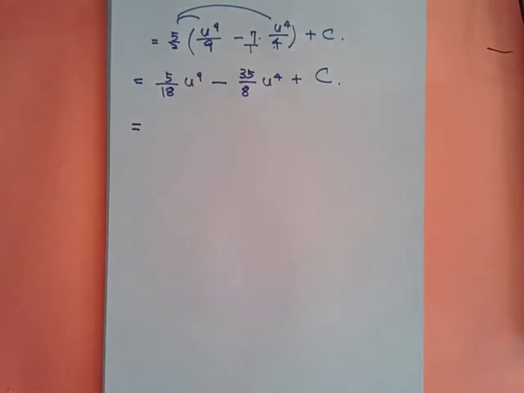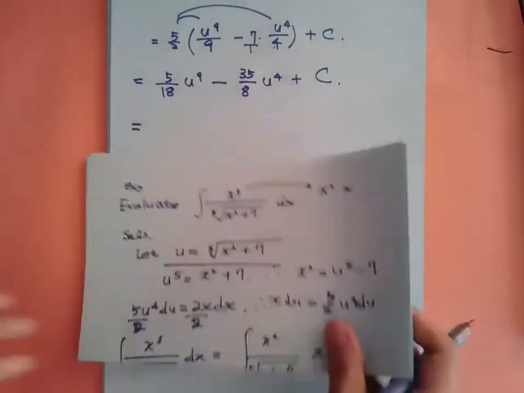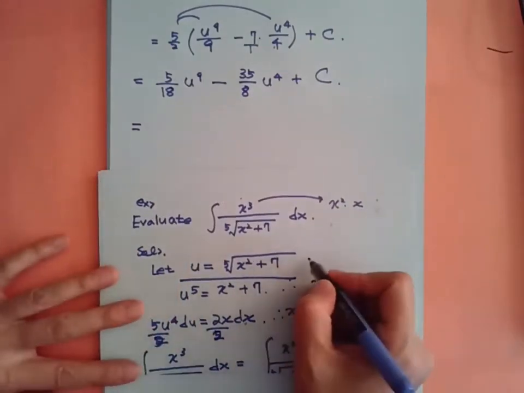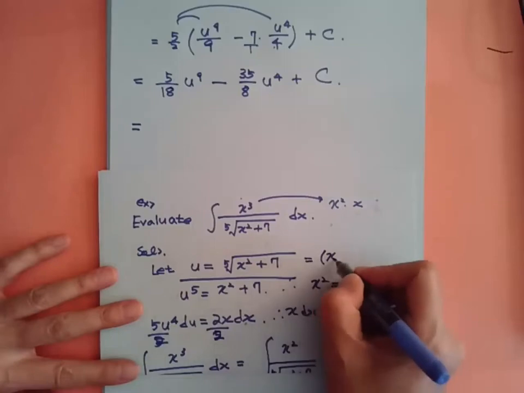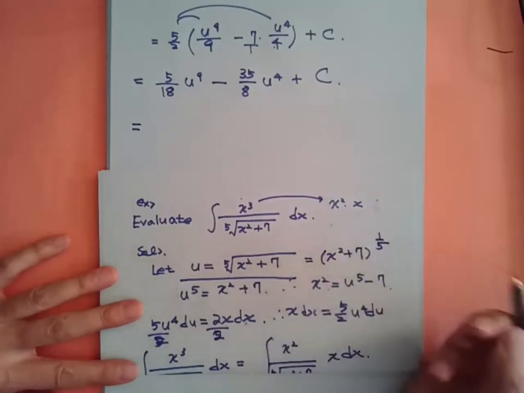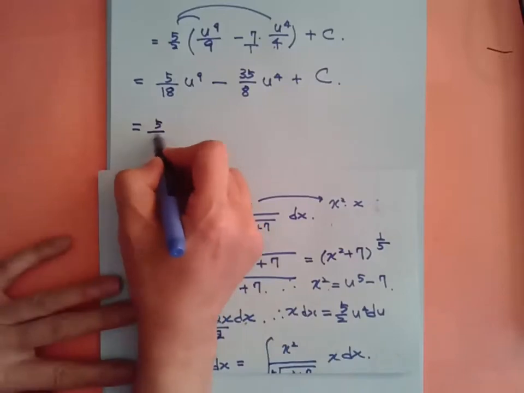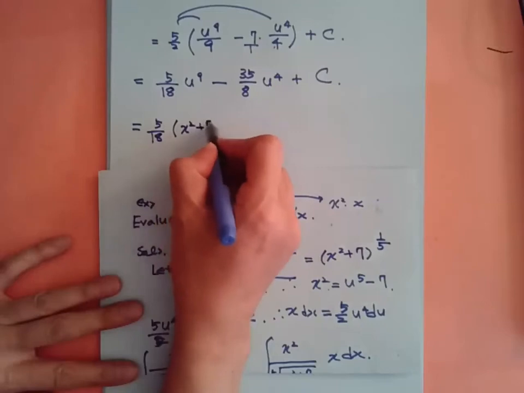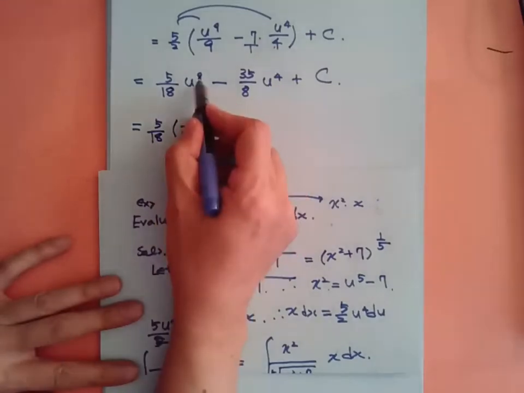And then we are going back to the starting point. Let's rewrite this one as open parenthesis x squared plus 7 to the 1/5 power. And then that is 5/18 times x squared plus 7, and there is 9th power.